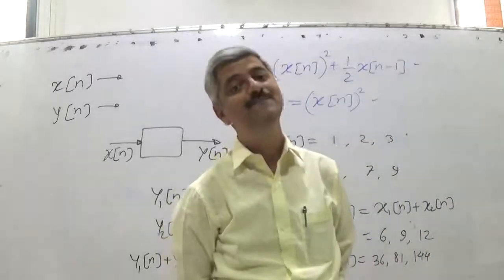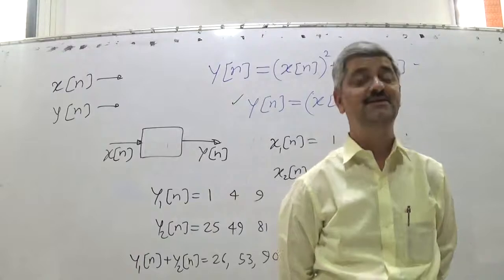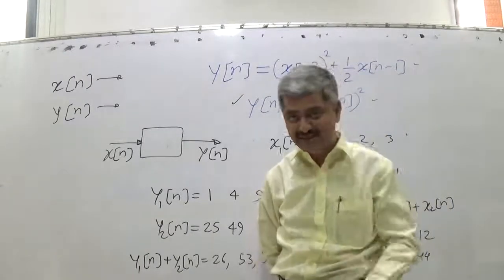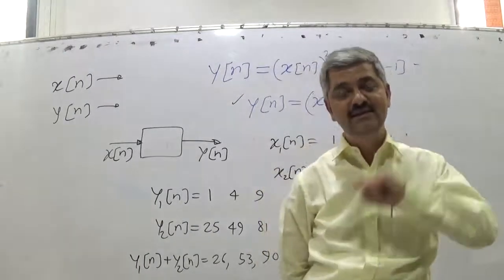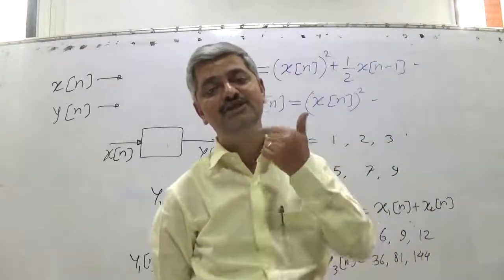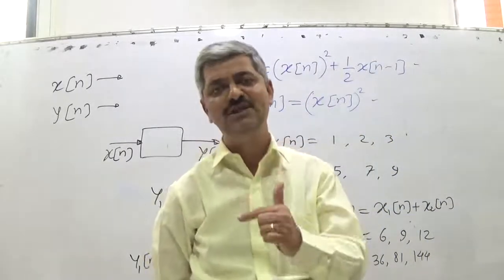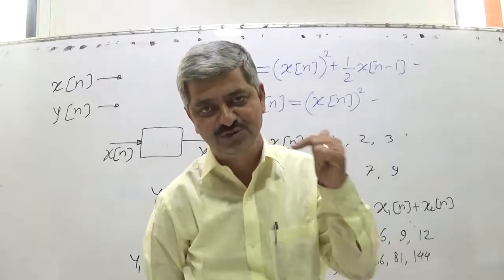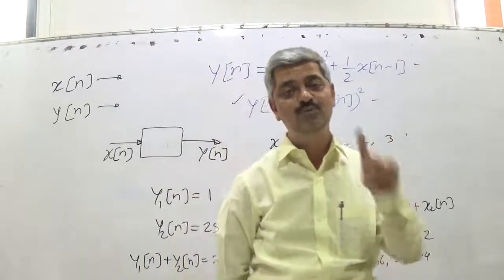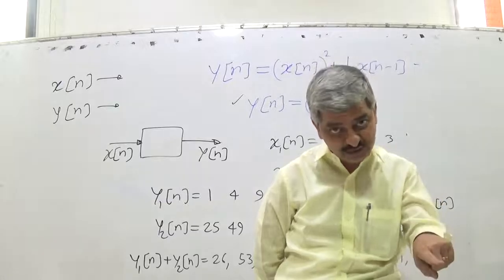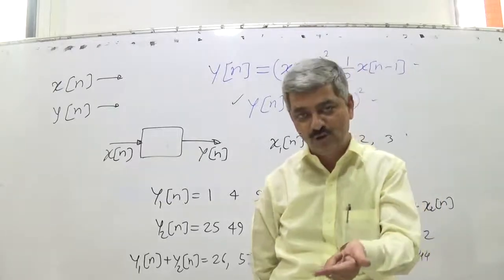If I apply x3[n] to the system, then the system will generate y3[n]. And if the system is linear, then when a linear combination of inputs is applied to the system, the output is the same linear combination of the output sequences which I would have got by individually applying the inputs.